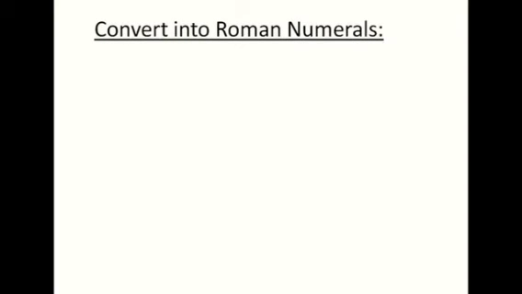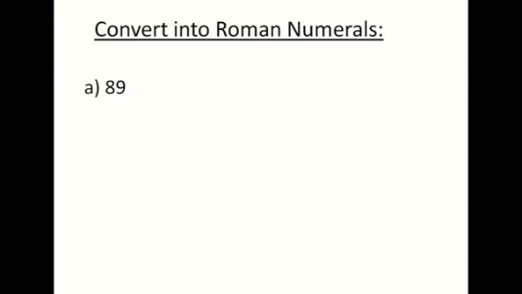Now we will convert Hindu-Arabic numerals into Roman numerals. I will explain how to convert into Roman numerals. So let's take an example. Look at the number. It is 89, a 2-digit number. If you get any Hindu-Arabic numeral and you have to convert it into Roman numeral, first you have to write it in expanded form.